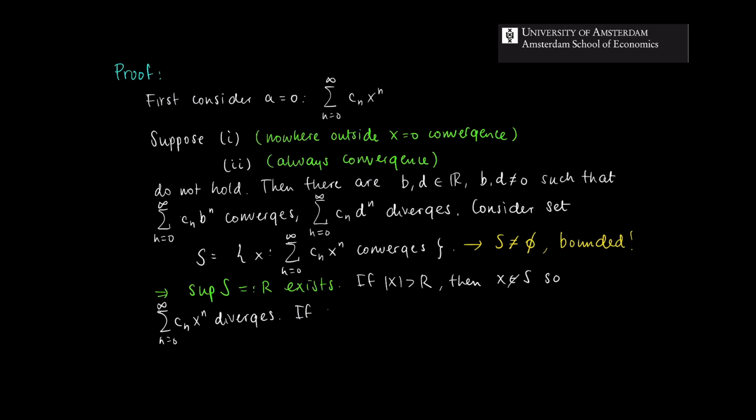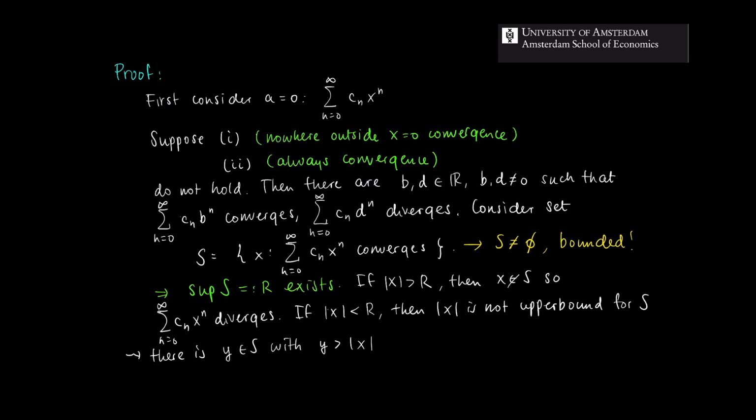And if x in absolute value is smaller than R, then, well, R is the least upper bound, so the absolute value of x is not an upper bound for S. So we should have a y in S with y larger than the absolute value of x, right? But y belongs to S, so it means that the power series with y is converging.